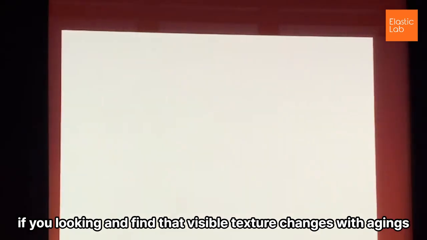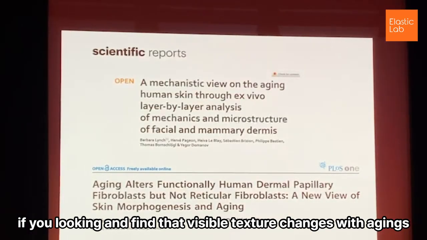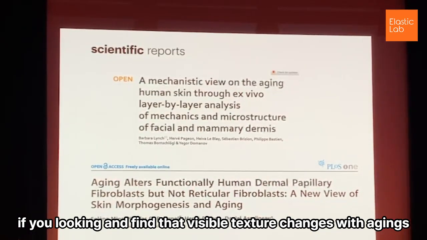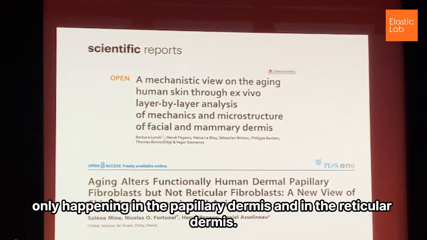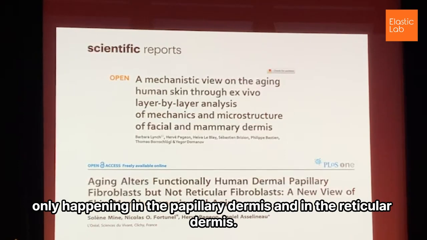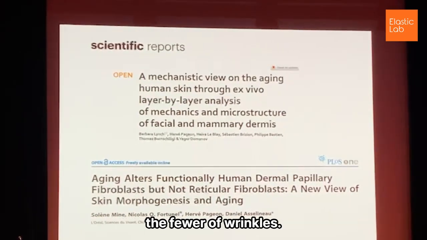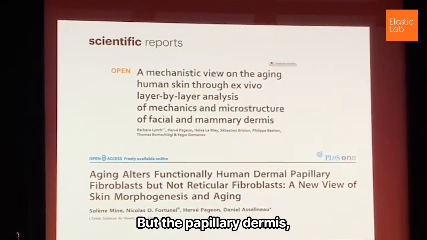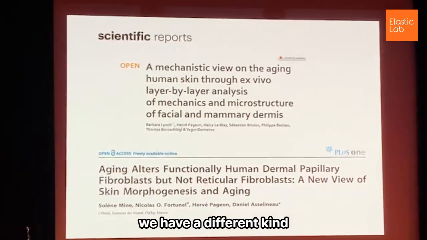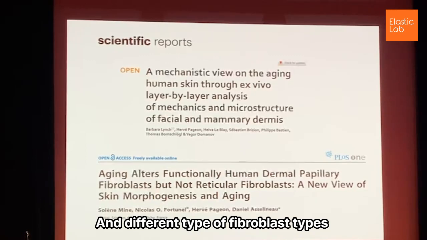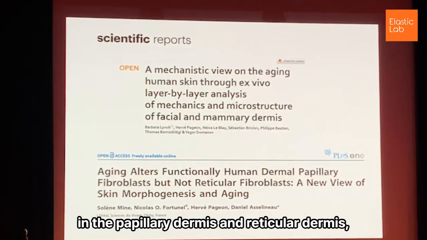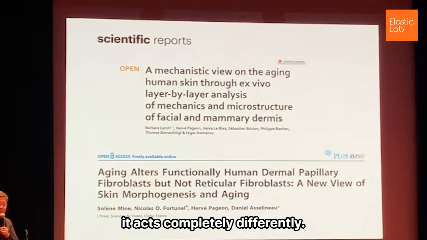What I mean is, if you look at the visible texture, the aging changes happen in the papillary dermis and the reticular dermis. If you change the reticular dermis, you will see furrows, wrinkles, and so on. But the papillary dermis and the reticular dermis have different fibroblast types, and they act completely differently.